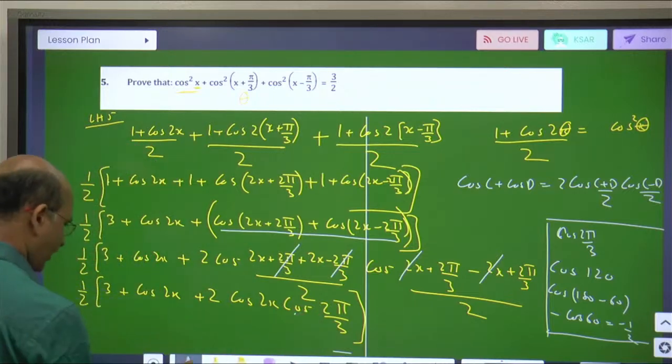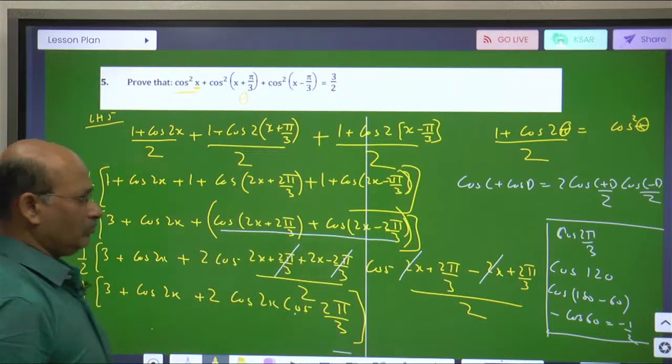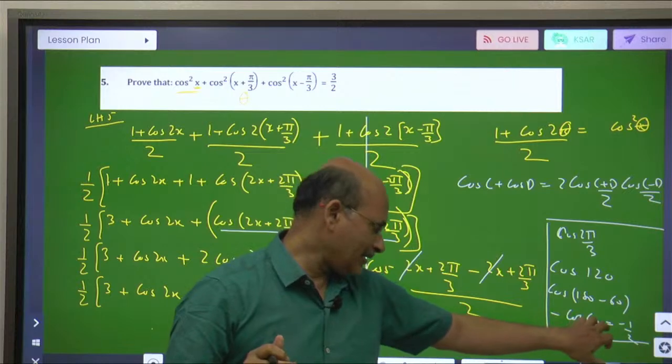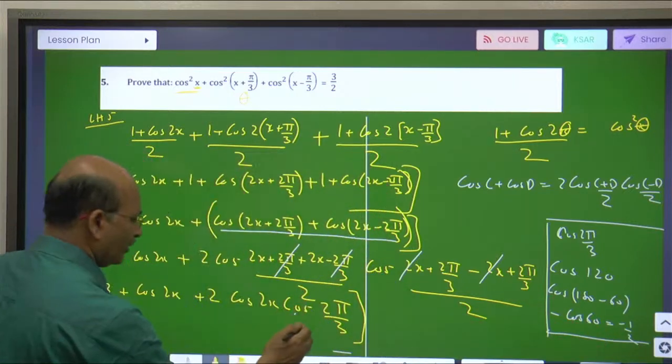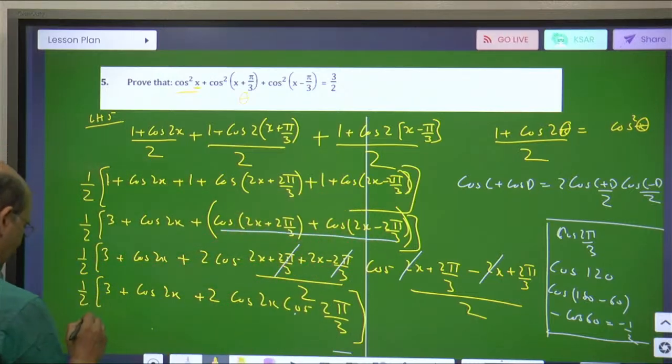So cos of 180 minus theta is in the second quadrant. The ratio remains the same, cos 60, and this will be negative. So minus half. Put this value here because this is a standard value. That's why I am taking it. So what happens? Just see now.